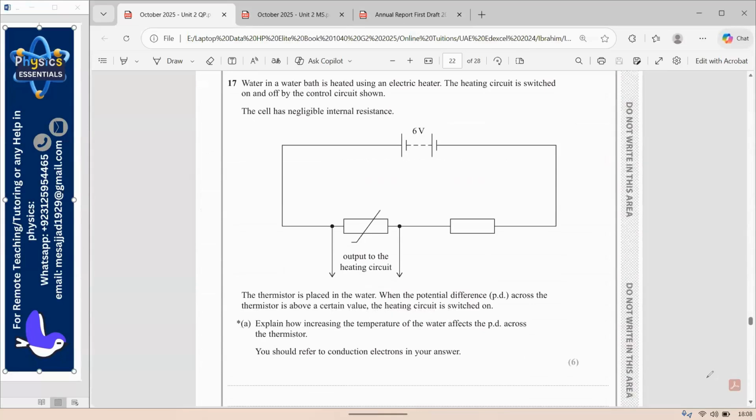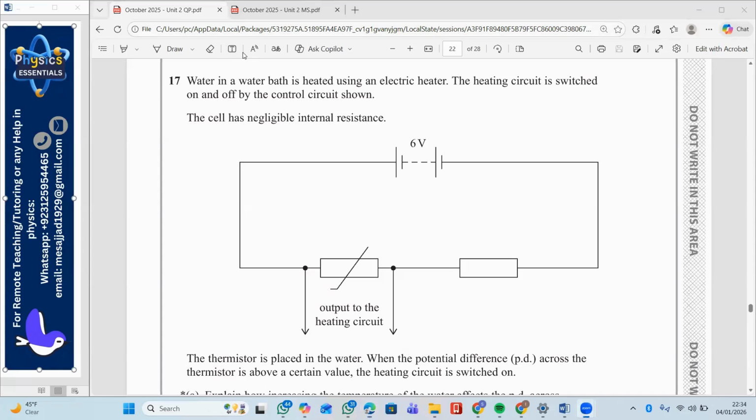Okay, question number 17. Water in a water bath is heated using an electric heater. The heater circuit is switched on and off by control circuit shown.